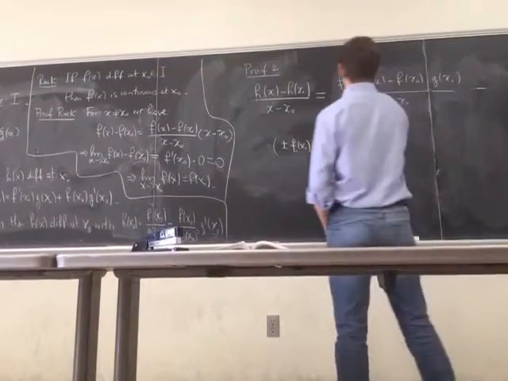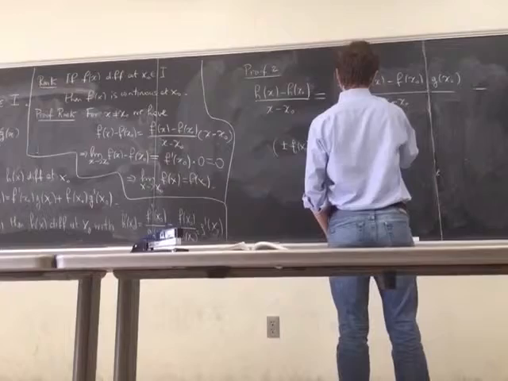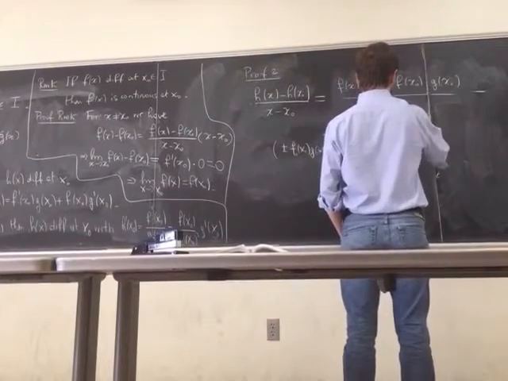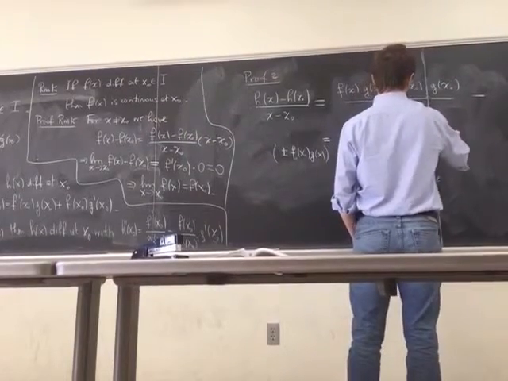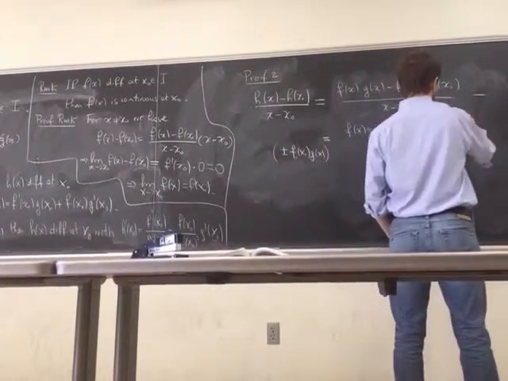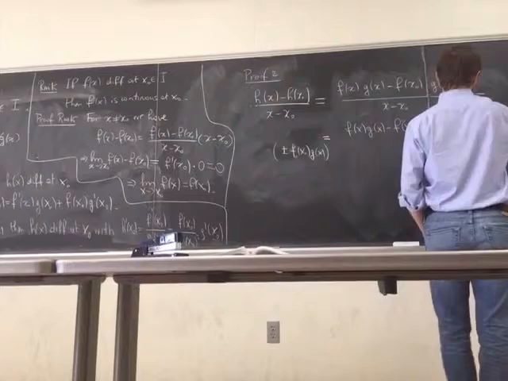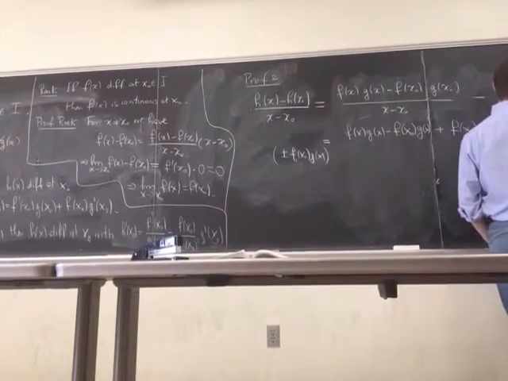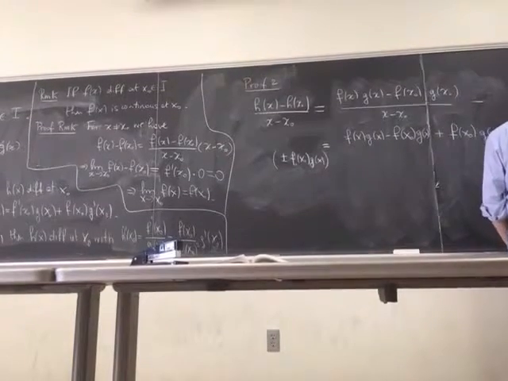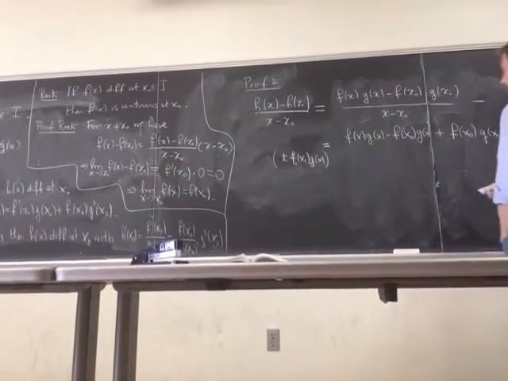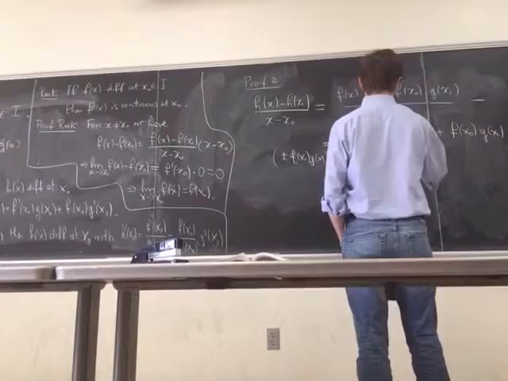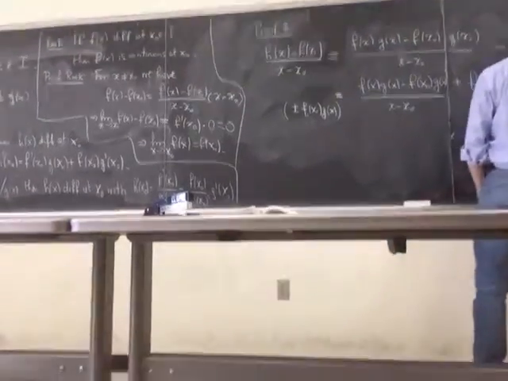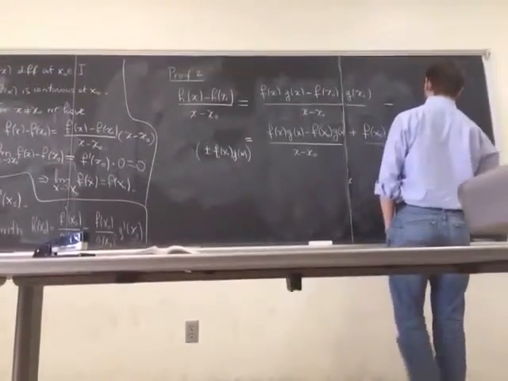So if you do that, you have f of x g of x minus f of x naught times g of x plus f of x naught times g of x, and then what I had over there, minus f of x naught times g of x naught. And everything is divided by x minus x naught. So I can definitely write that.